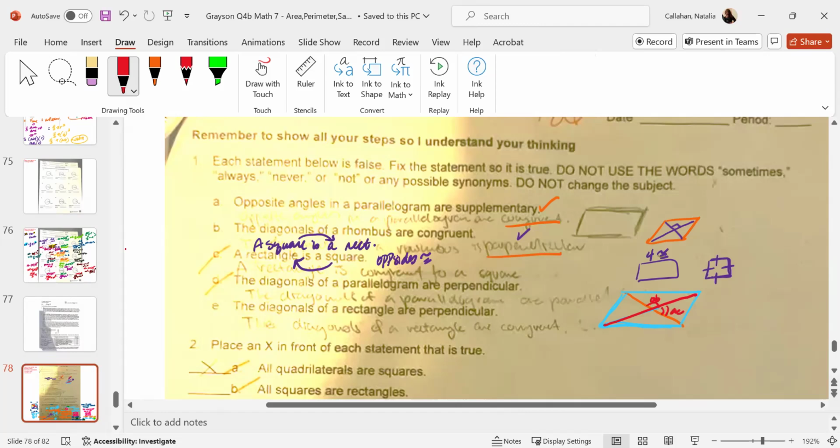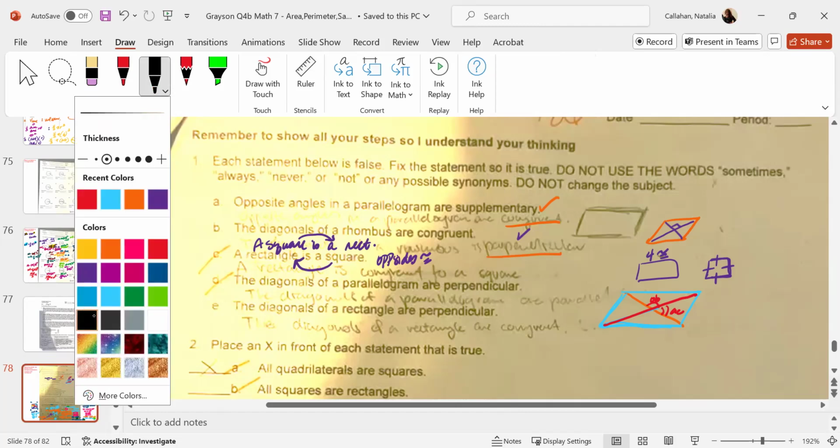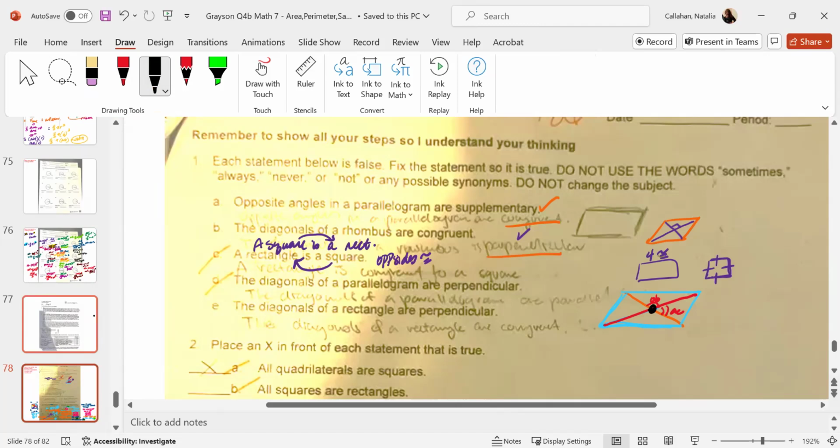This right here is acute. But what you can say is that the diagonals of a parallelogram bisect each other, which means that this part of the diagonal is equal to this part of the diagonal. Can you draw that picture? But do you see that though? Draw the picture.